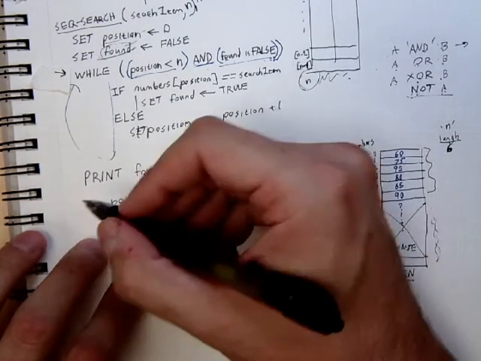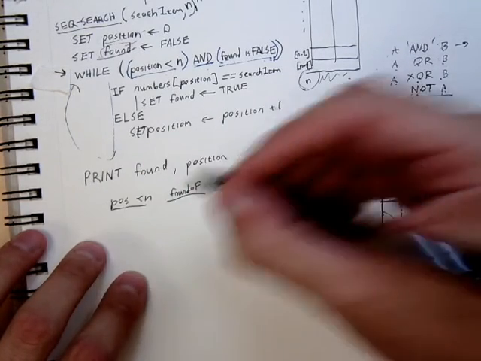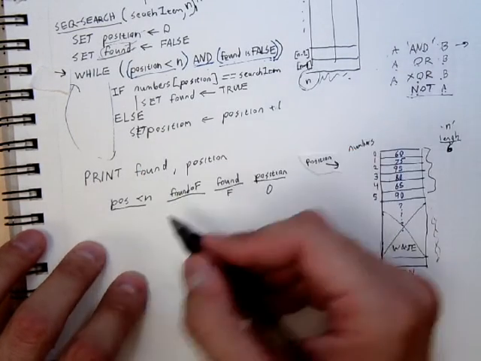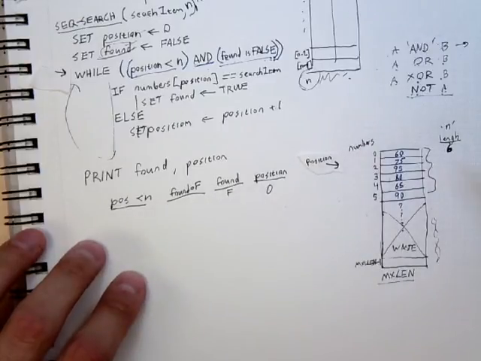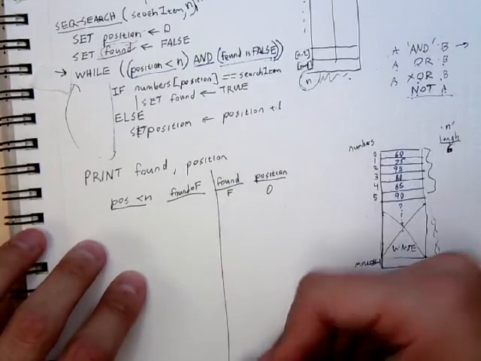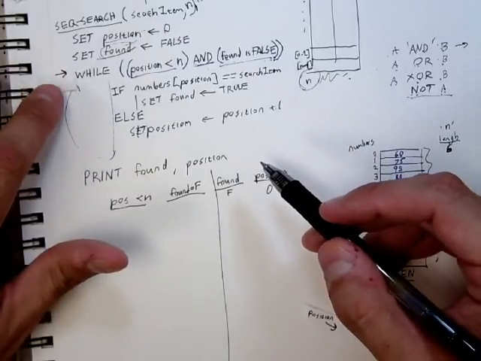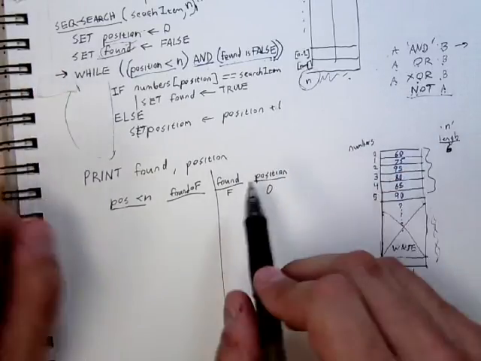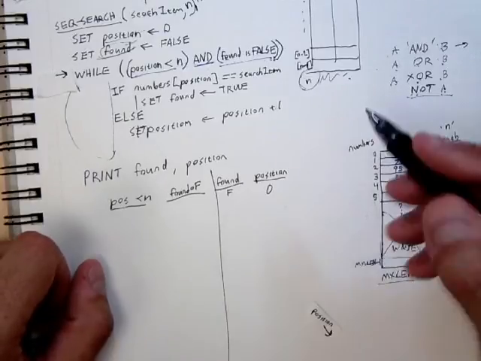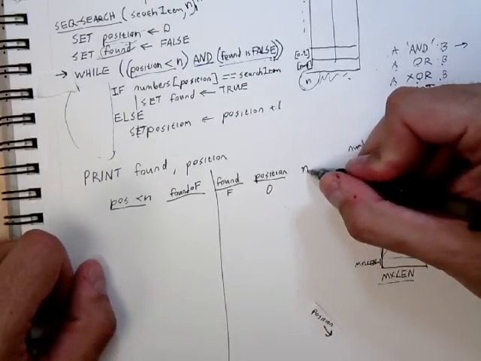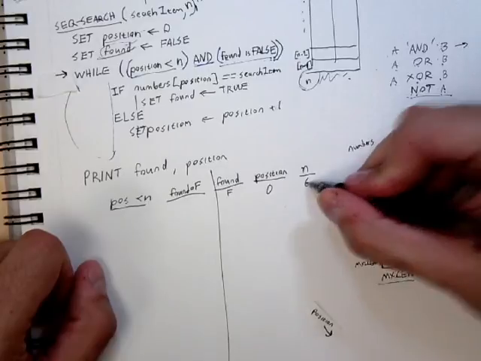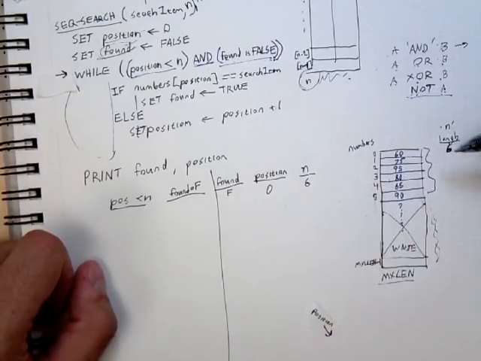And then of course the both, right? So we'll be able to figure that out. As we go, I'll try to keep track of those things. So here we have to check, is position less than n? Position is 0, and n, or the length, is 6 for this problem, right?